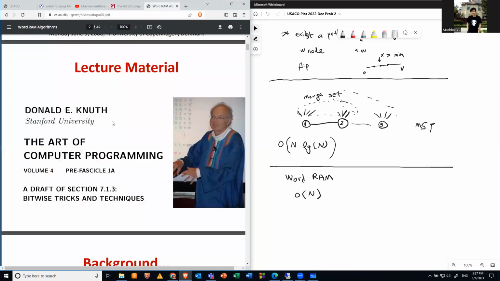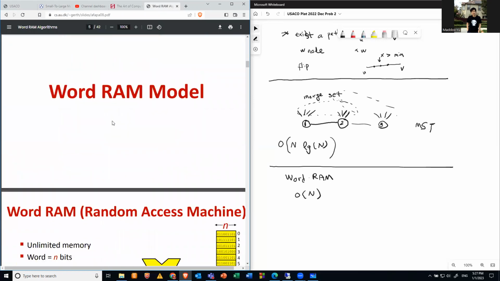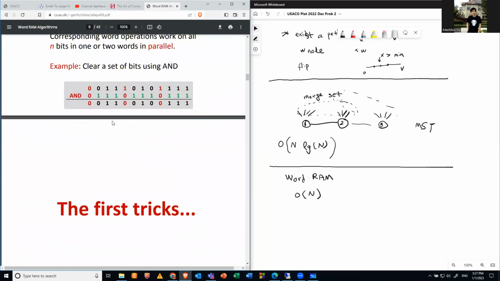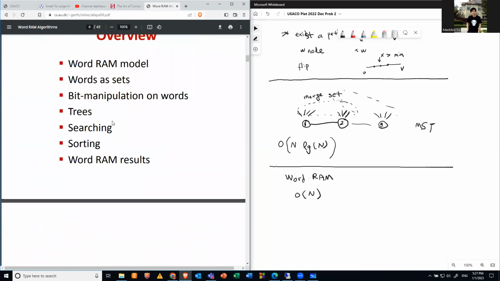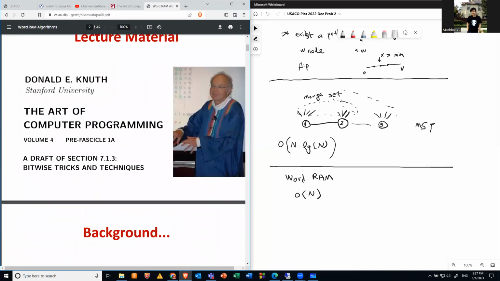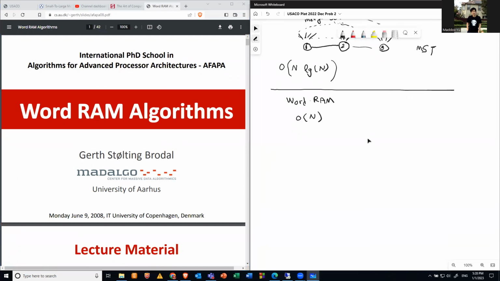Or you can just go through the slides. So what is the word RAM algorithm? Let me give you a very brief introduction, and then I'd like you to go through the slides in detail.